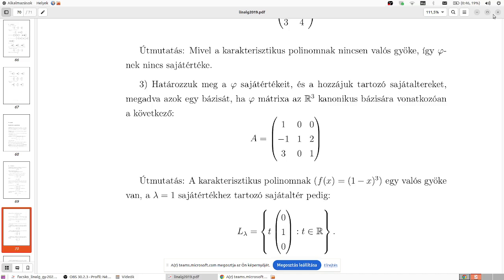So what we get here is an interesting thing: minus, this is nothing here, it's 0, 0.